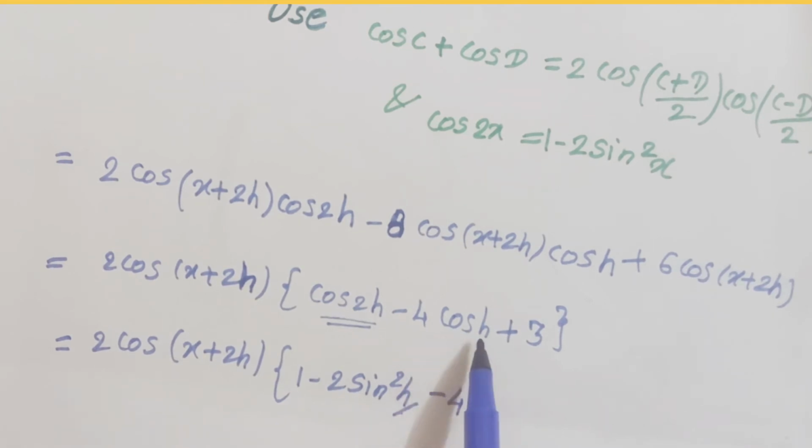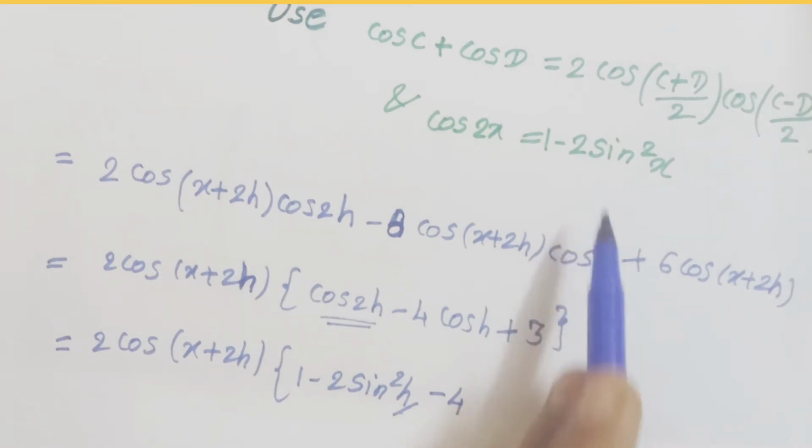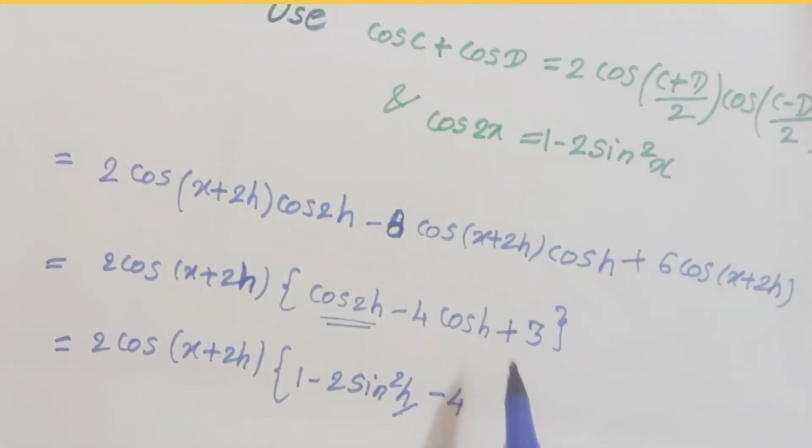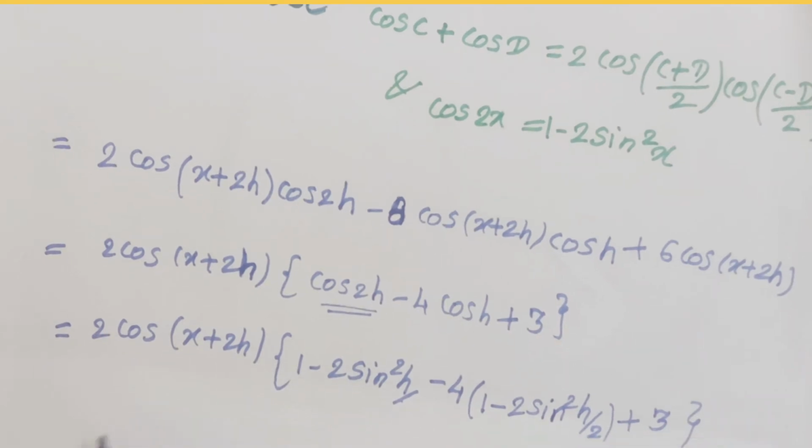Next is minus 4 cos h. Here if we apply the same formula, here it is the half angle formula, then we get 1 minus twice sine square h by 2 plus our 3 constant as it is.